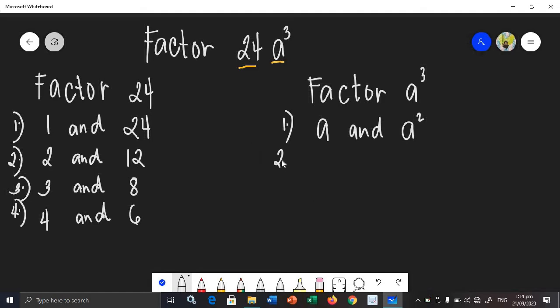Another factor possible here is the reverse: a squared and a.